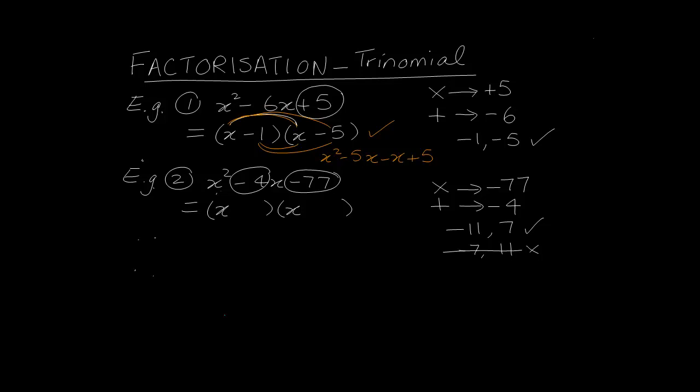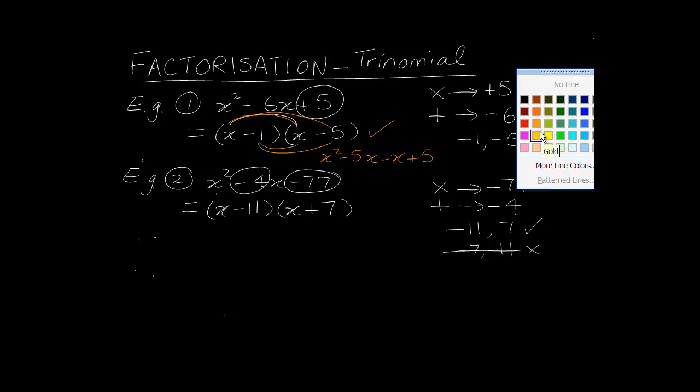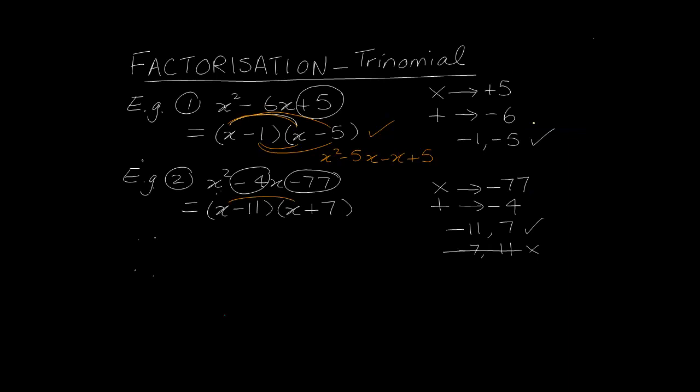So in this case we've got negative 11 as well as positive 7 to complete my factorization. Again, let's just check. That's going to give me x squared plus 7x plus negative 11x, which gives me the negative 4x, and then negative 77, so I know that that's a correct factorization.